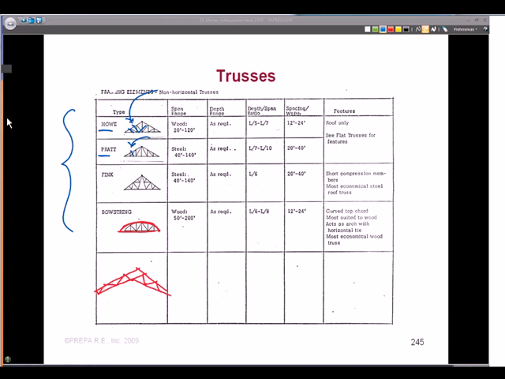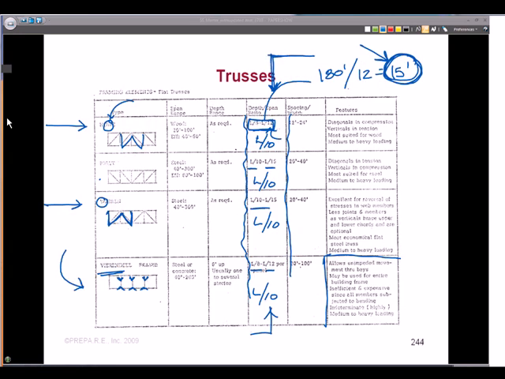So it's not the direction of the diagonals that you have to memorize, okay? It is the definition. The definition says that for a Howe truss, the diagonals are always in compression. So when it's a parallel chord truss, this is the direction of the diagonals to keep them in compression.